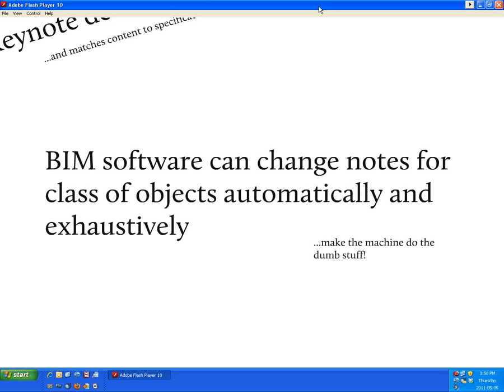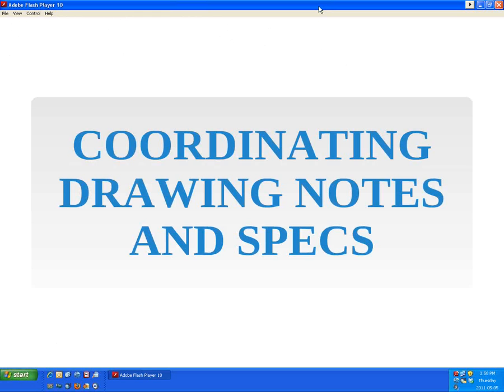So if you make a last-minute value analysis change from PVC roofing to TPO roofing, and that note is in 100 different places throughout the drawings, the computer can do it quickly and exhaustively and not miss it.